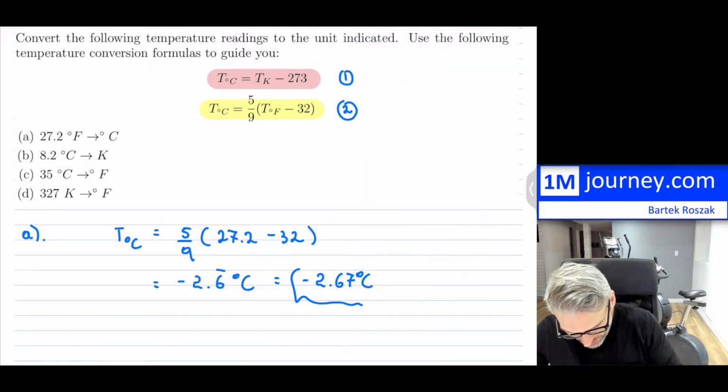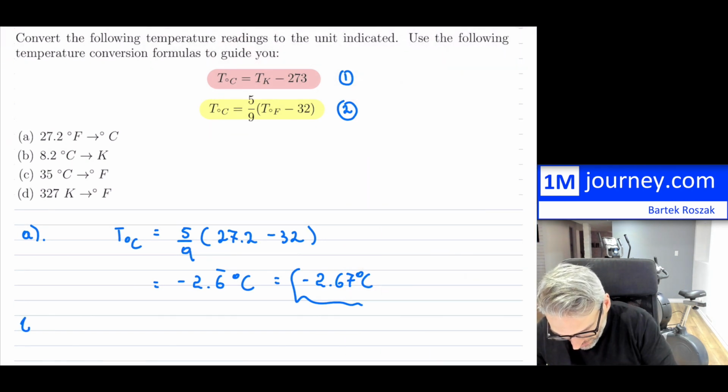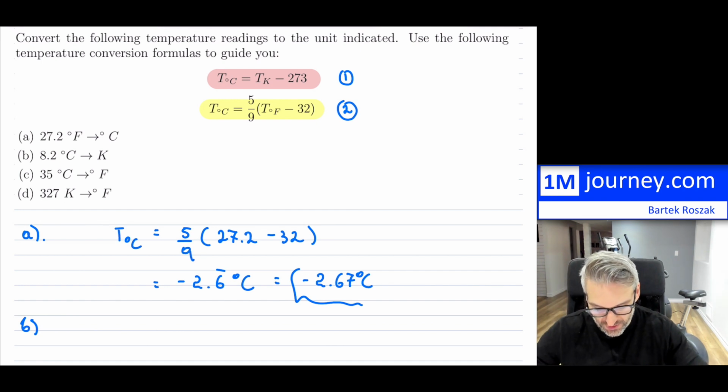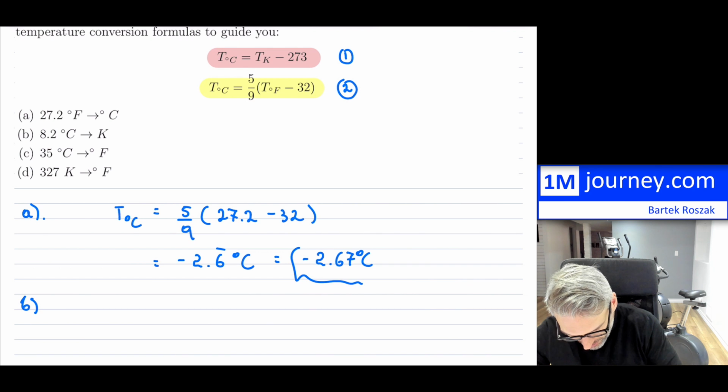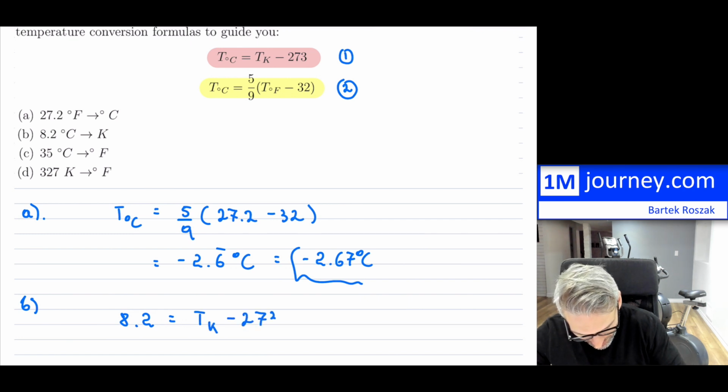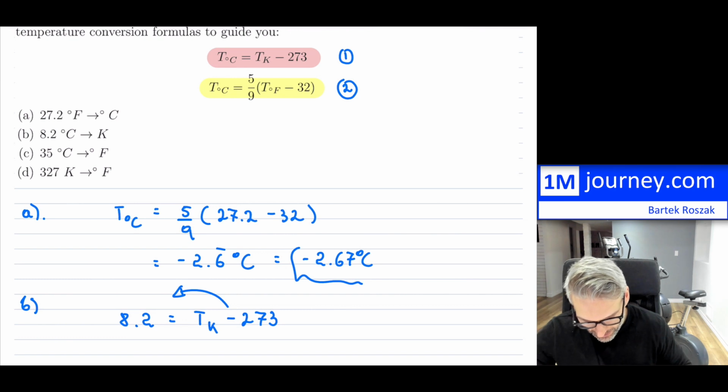Now let's take a look at part B. This one is from Celsius to Kelvin, so we're going to use the first equation. This one is not very difficult at all. If I substitute, I get 8.2 equals T in Kelvin minus 273. So this just shifts over and gets added.